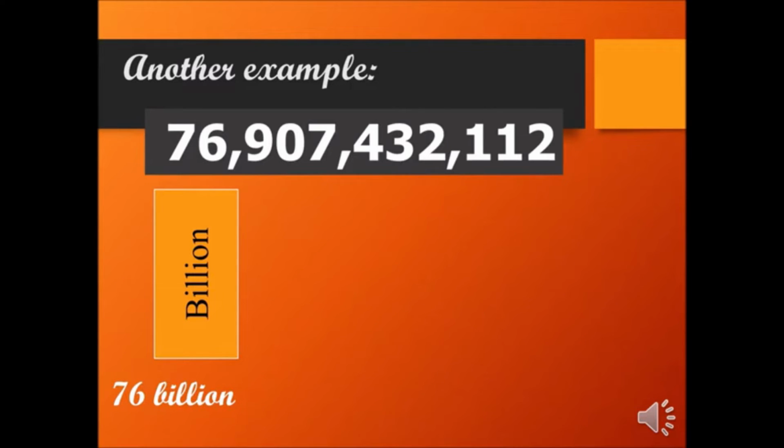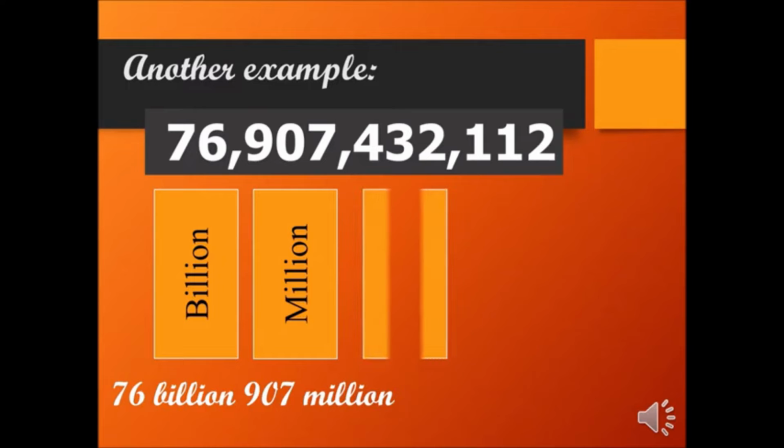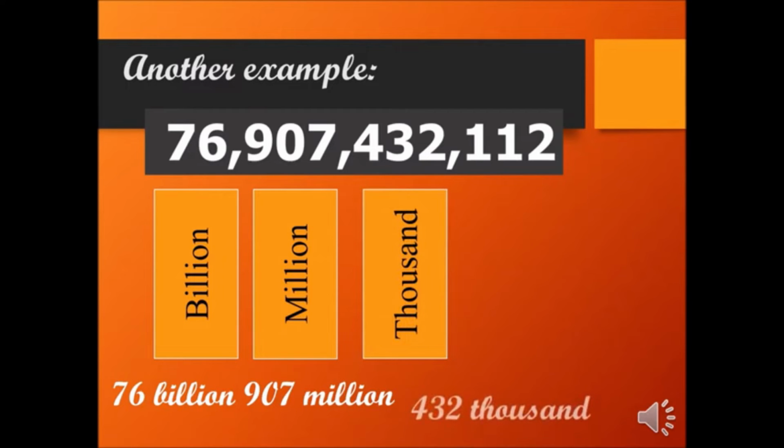Next, 907 belongs to the period of million. When you read this number, read the number first, then say the period's name. 907 million. Next, 432 belongs to the period of thousand, so we have to read this as 432,000.